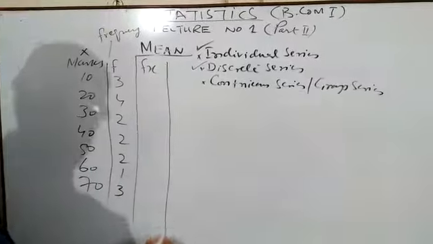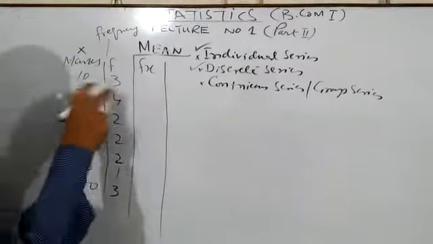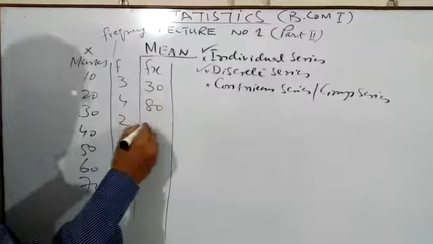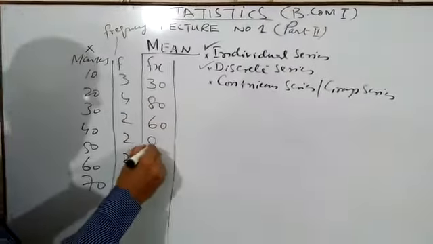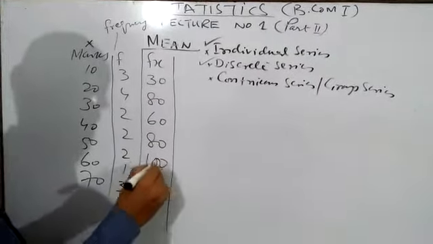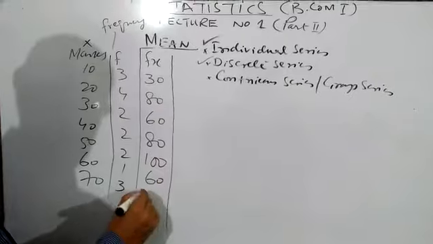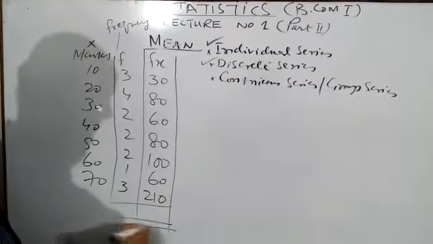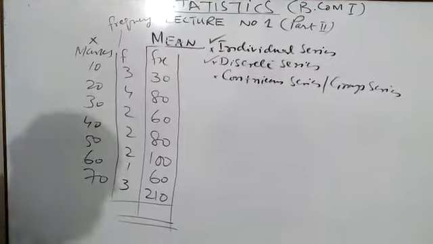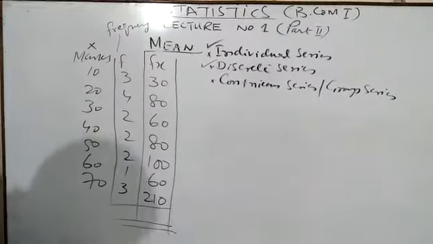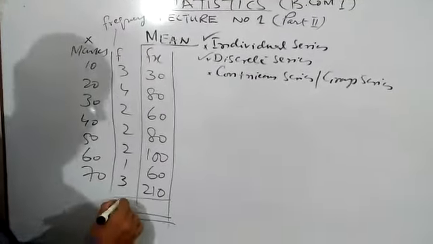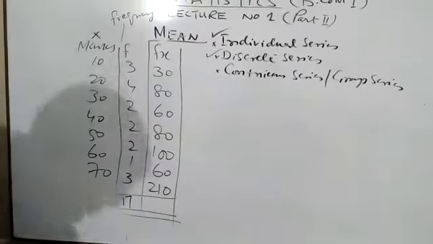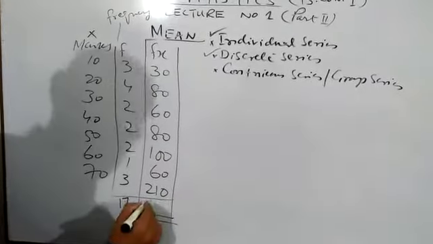We make another column known as Fx by multiplying these two columns: 30, 80, 60, 80, 100, 60, 210. Now take the sum of both columns. 3, 4, 2, 2, 2, 1, 3 is equal to 17, and the sum of the Fx column is 620.